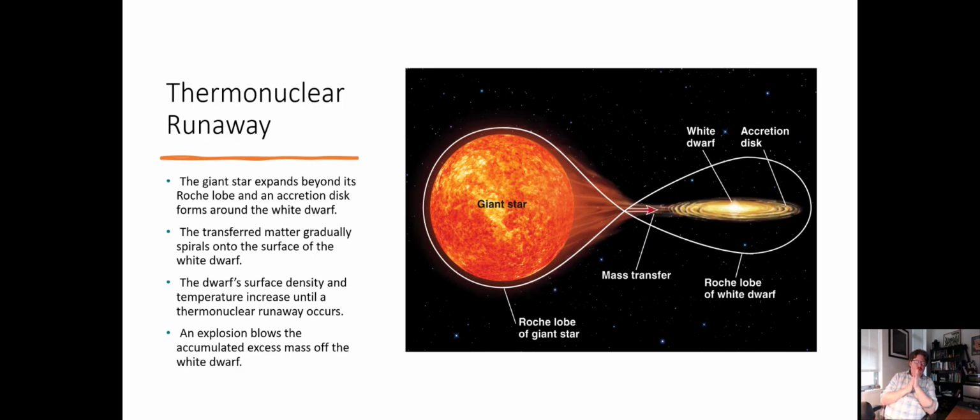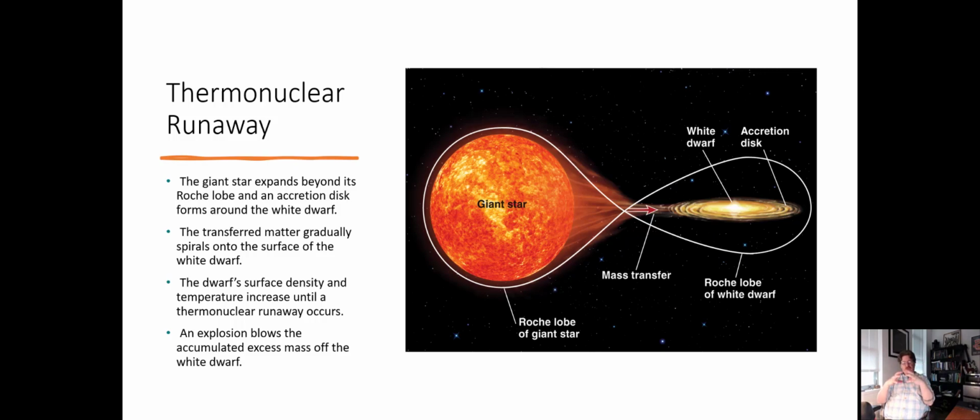The difference between a nova and a supernova from a white dwarf is due to the speed of the mass transfer, or how much mass transfer there is. If the mass transfer is low enough, the amount of matter that is dumping onto the accretion disk and ultimately onto the white dwarf is slow enough that the hydrogen on the white dwarf can get very hot because the material is falling in.